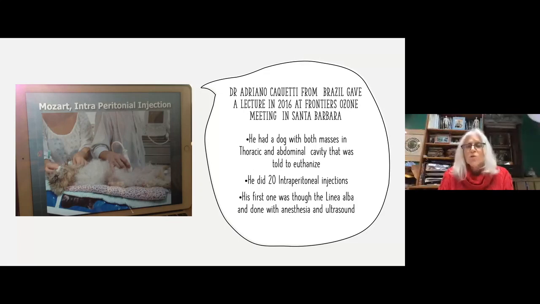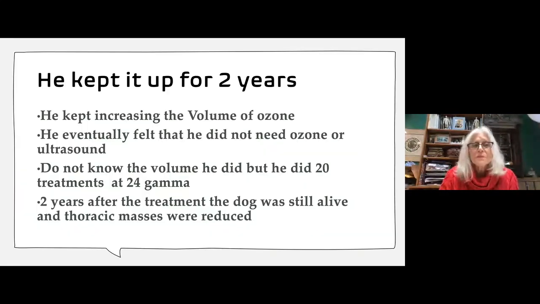And the first ones that he started to do, he did through guided ultrasound through the linea alba. So the dog had to be put under general anesthesia, and the injection was done through the linea alba with that anesthesia and ultrasound. And so he kept it up for 2 years. This was an animal that was supposed to be dead 2 years before, and when he was lecturing, the dog was still alive. So I was blown away by that.